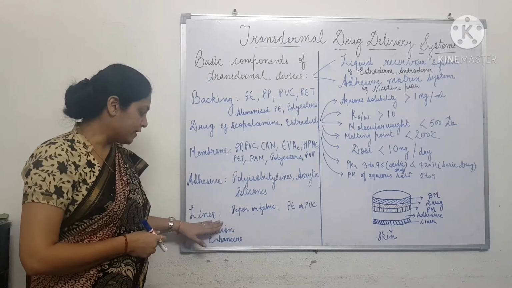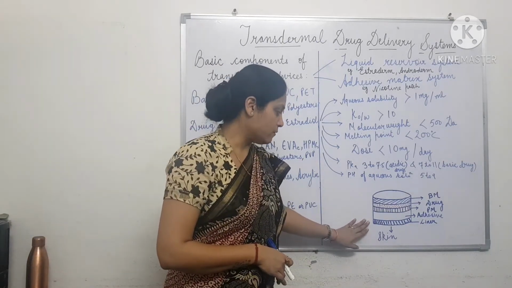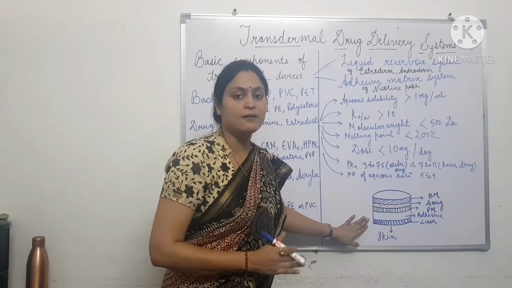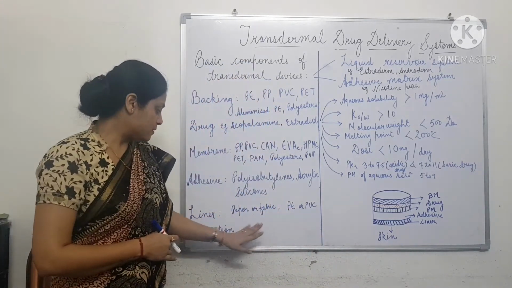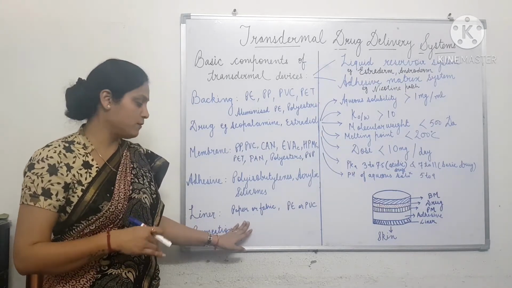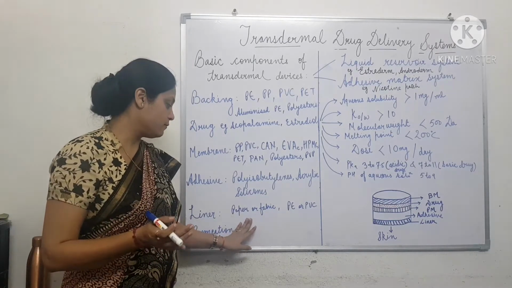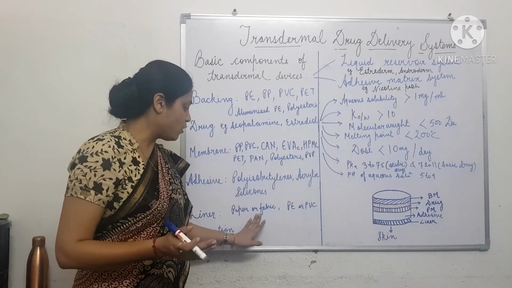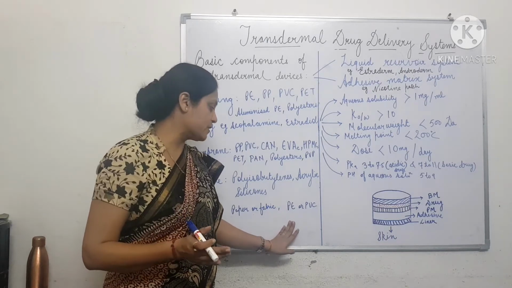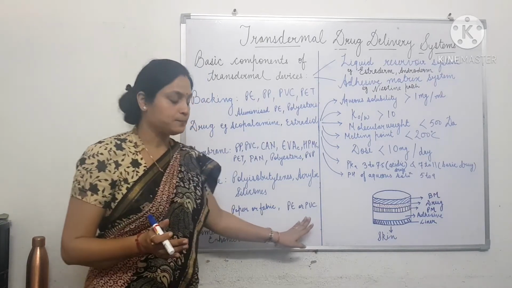Now, the protective liner is the innermost layer, also called the protective layer. This liner could be non-occlusive, composed of paper or fabric, or it could be occlusive, made up of polyethylene or polyvinyl chloride.